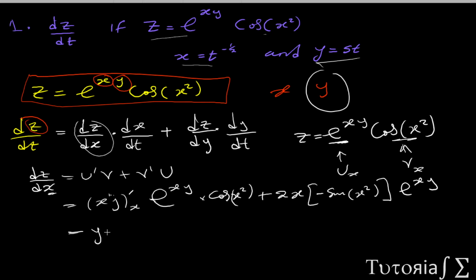Then we write this y e to the xy, then cos x squared, plus we can multiply minus because of the negative that is there.